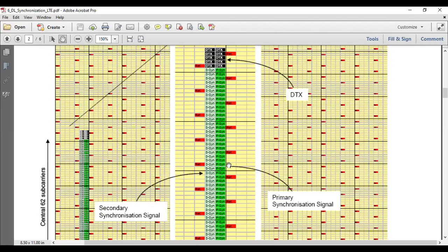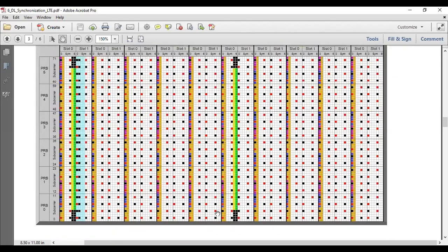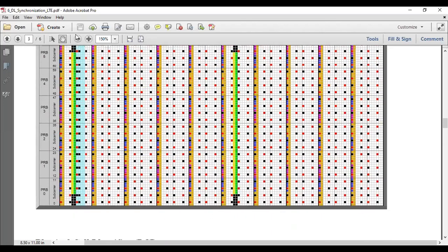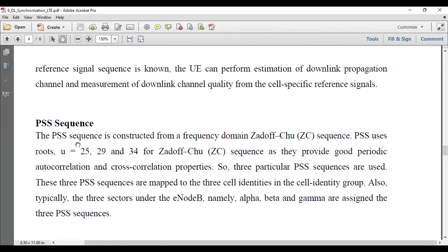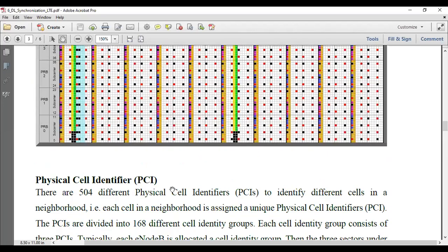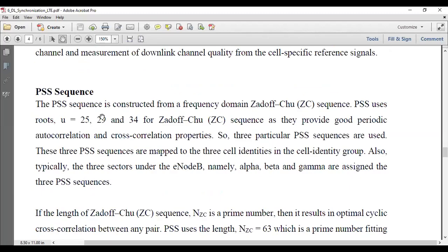You know the location in frequencies for PSS, and on that PSS part you keep correlating with your ZC sequence, for example root 25 first, on this symbol. If you fail, you don't have any correlation peak. On the same symbol, you try another root, 29, and then 34. If it fails, move on to the next symbol.